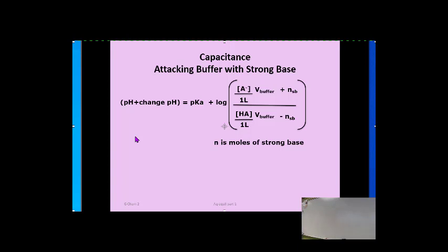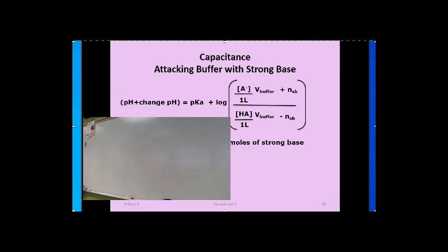What is the variable B? Yeah, so volume. This is the volume of the buffer. And by the way, that should be in liters. So pH plus change in pH.